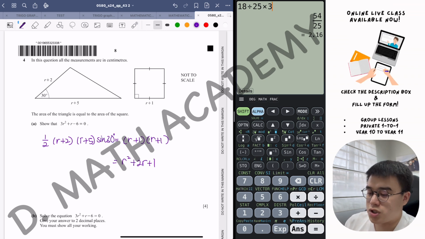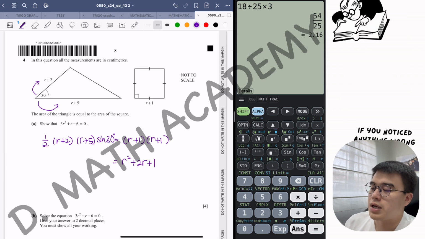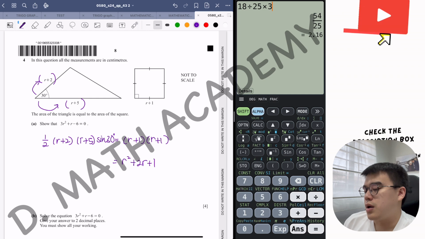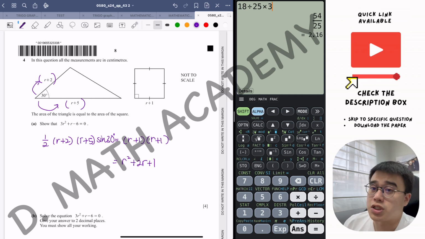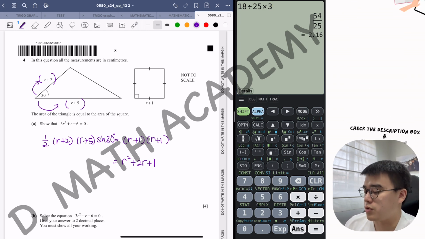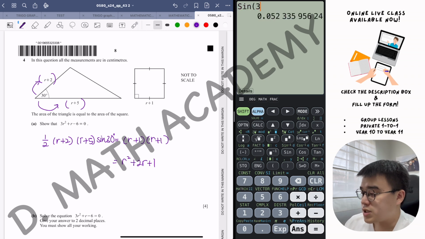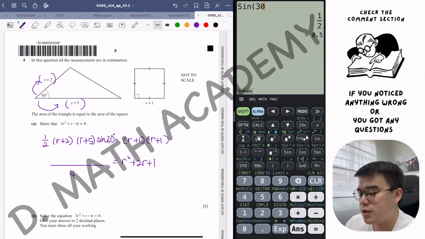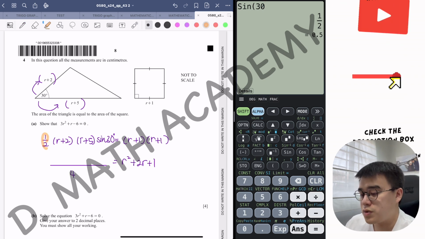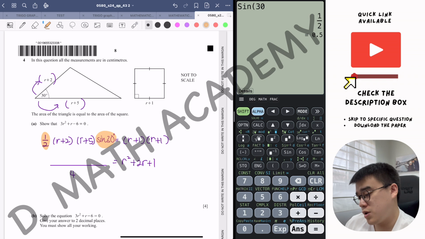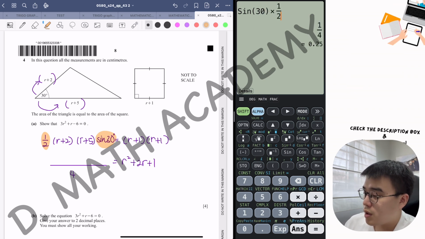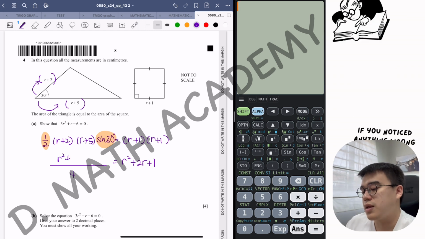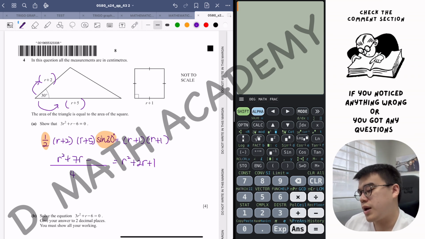To use this shortcut formula, instead of half times base times height, you need to have the angle and the adjacent sides' information. So two connecting sides need to be there for you to perform this calculation. Sine 30 degrees is actually 1 over 2, creating a 1 over 4 down here, because 1 over 2 times 1 over 2. For the remaining brackets, as you expand, you will get 7r and 10.